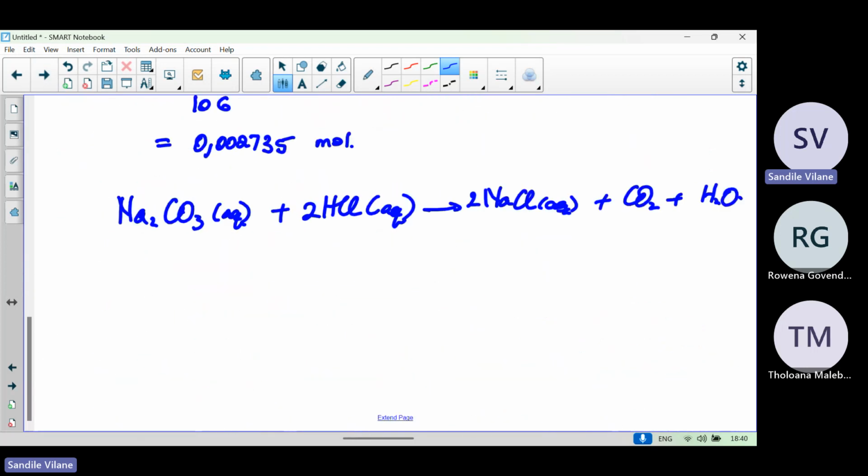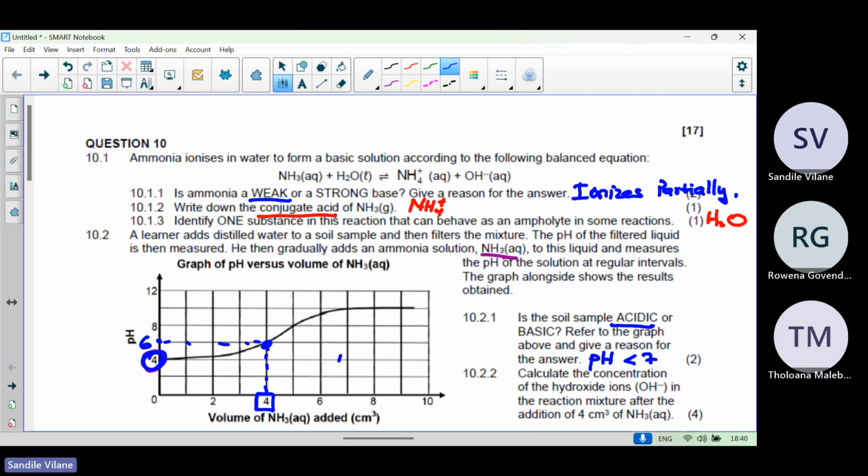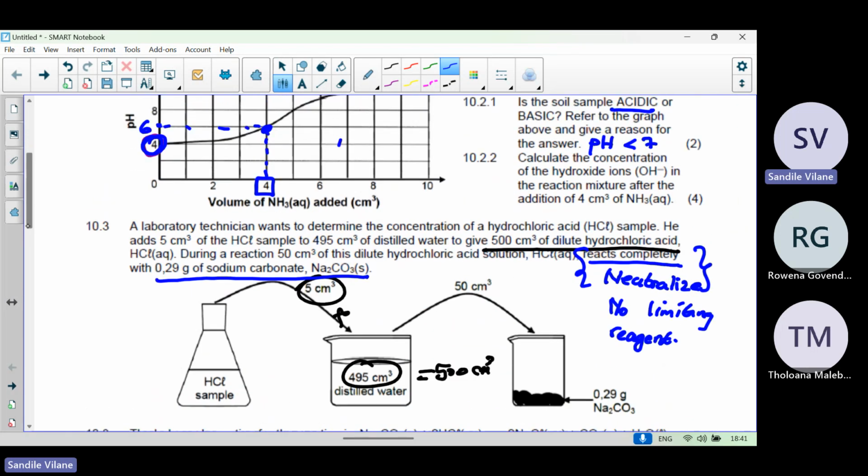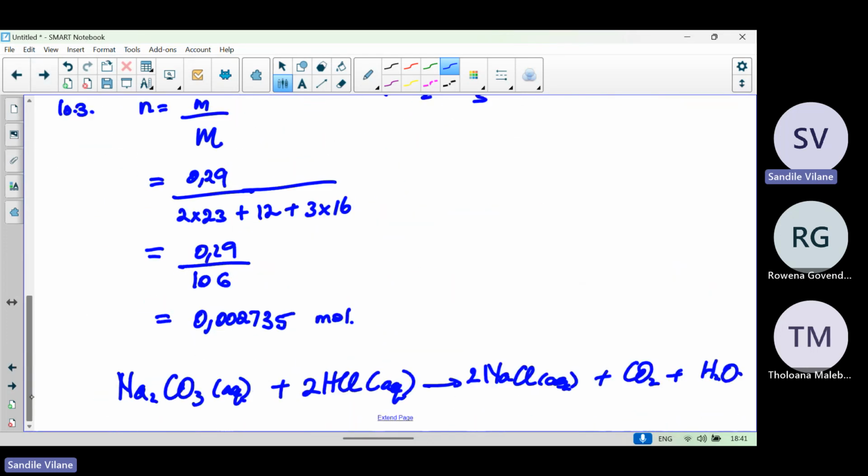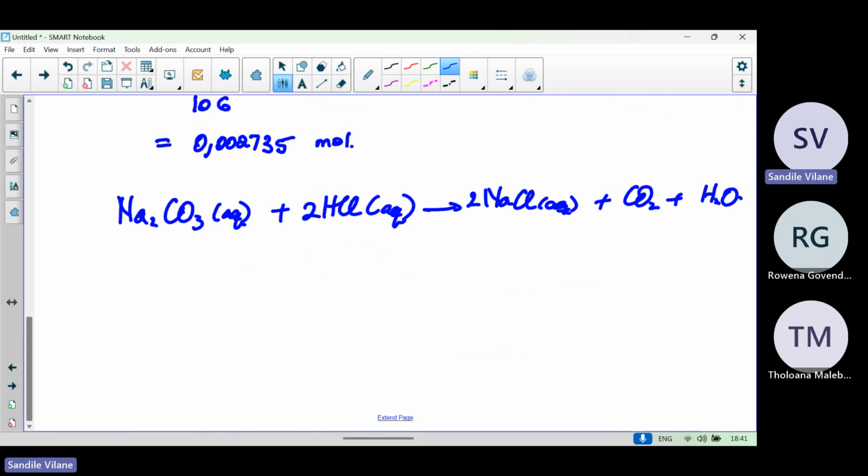Now let's look at the required ratio. At what ratio should I mix sodium carbonate and hydrochloric acid in order for complete reaction? It reacts completely. In order to neutralize this acid, at what ratio, that is the stoichiometric ratio, should I mix sodium carbonate?